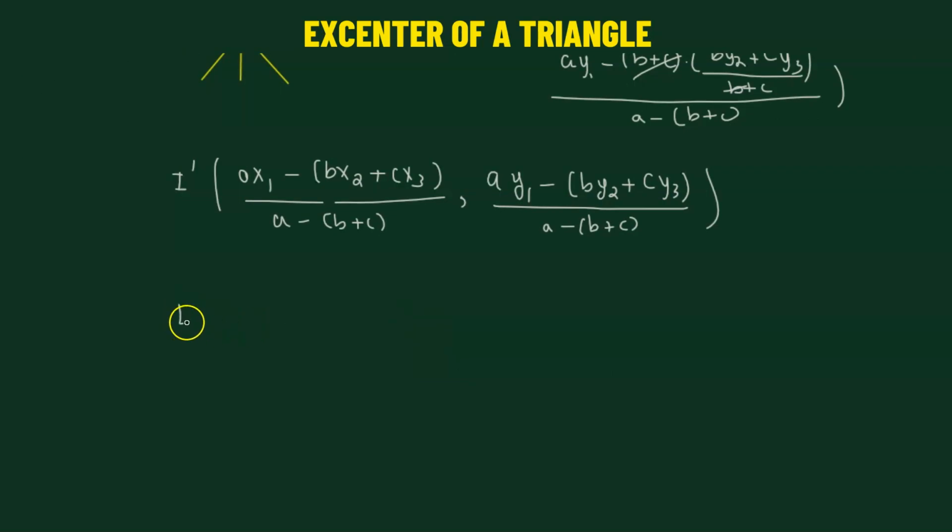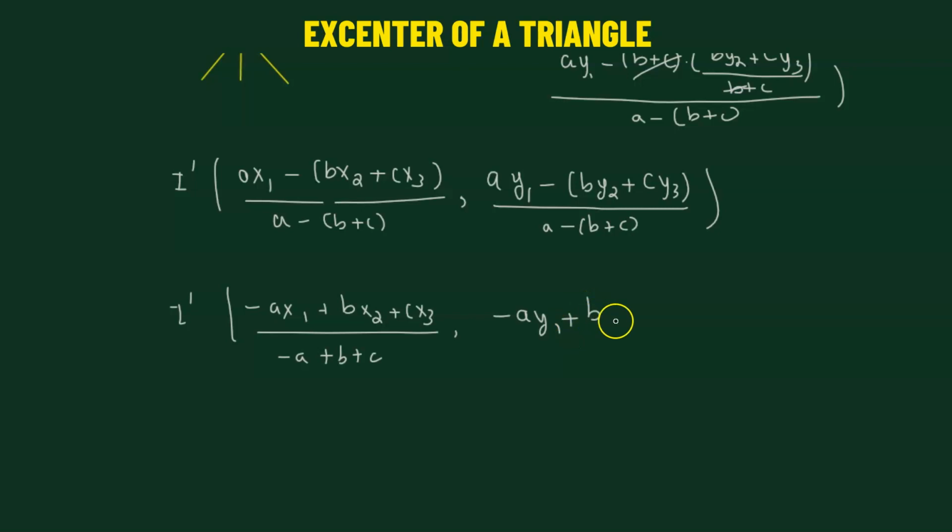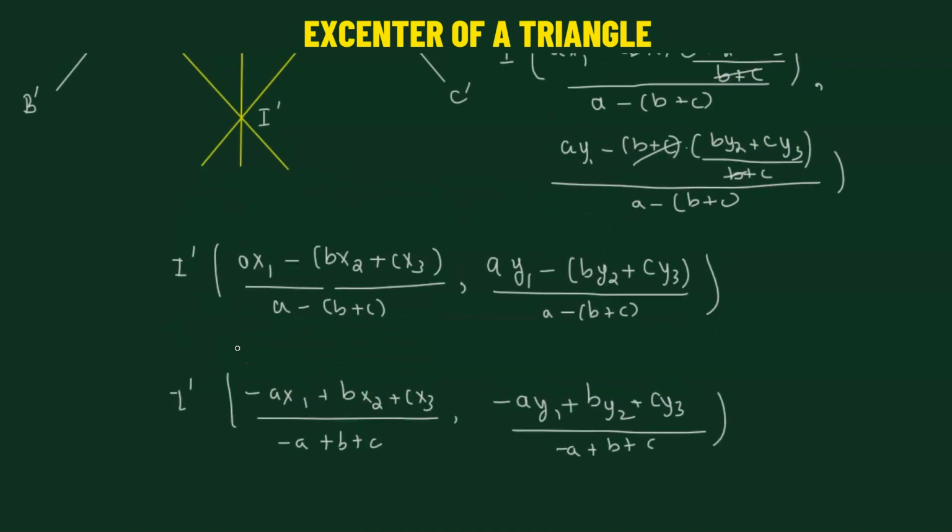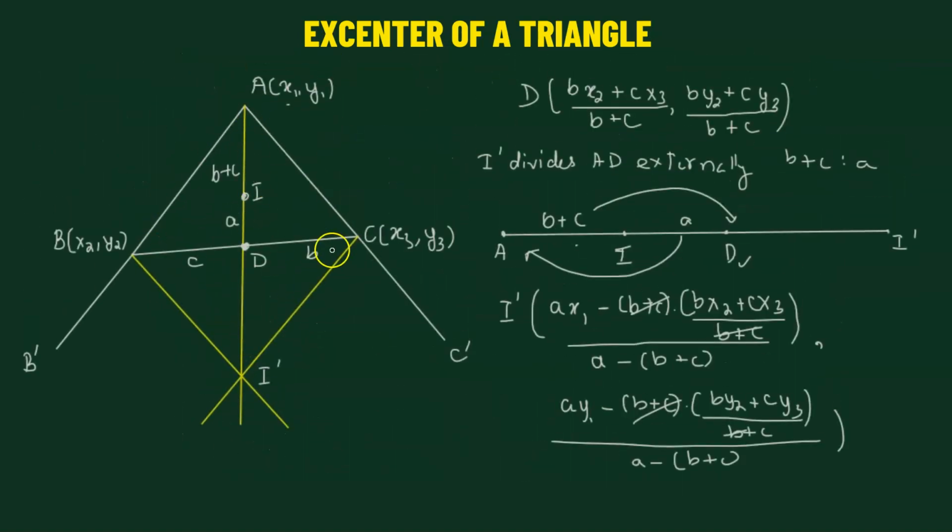And that's going to give us the result. We have negative AX1 plus BX2 plus CX3 divided by minus A plus B plus C. And the y coordinate will be negative AY1 plus BY2 plus CY3 divided by negative A plus B plus C. So this is the coordinate of the excenter of the triangle ABC.